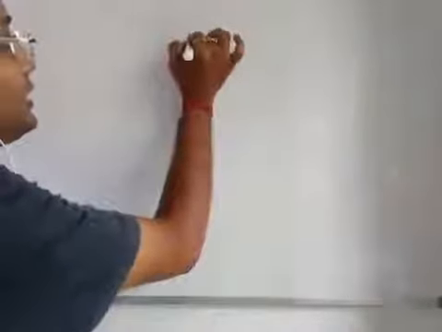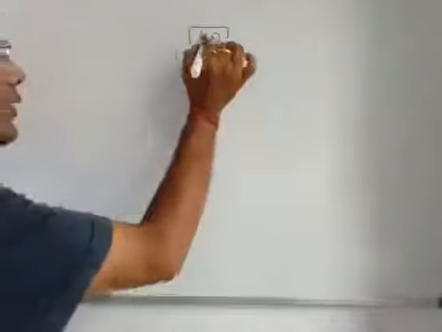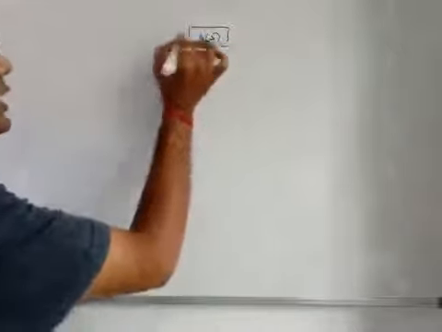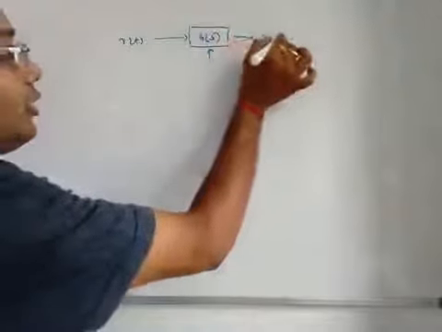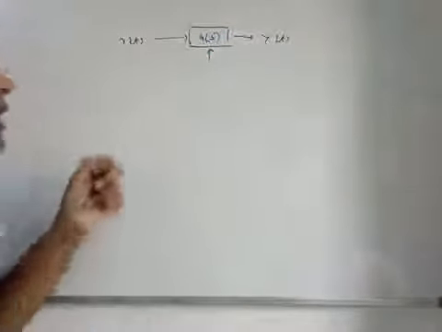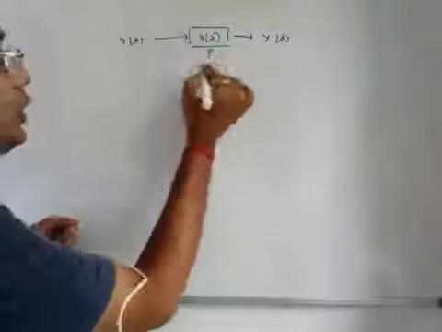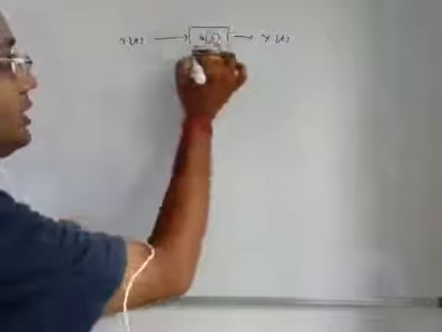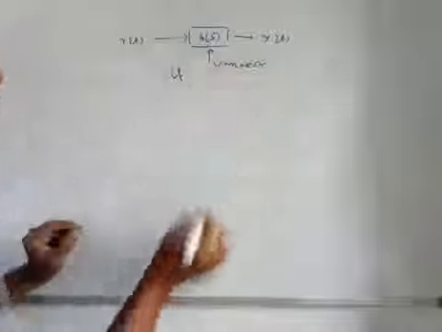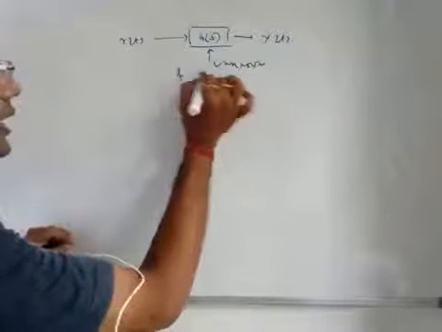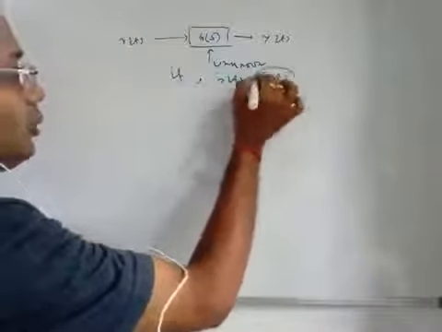Say any system is given, this is your G(s), that means the system described in Laplace domain, and here you see there is an input r(t) and output y(t). Already in the time domain analysis we have discussed that any signal is normally a function of time. If this system is unknown, for example, now if you apply r(t) is equal to delta(t), what is delta(t)?